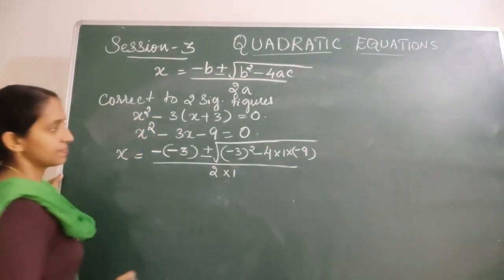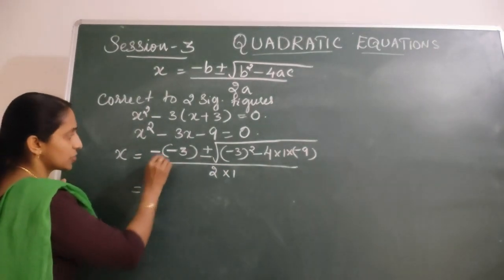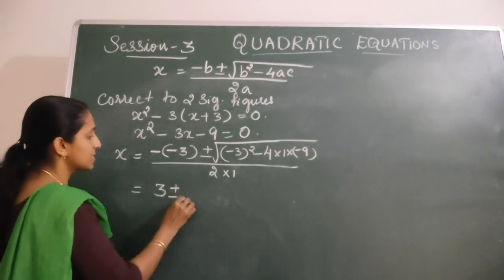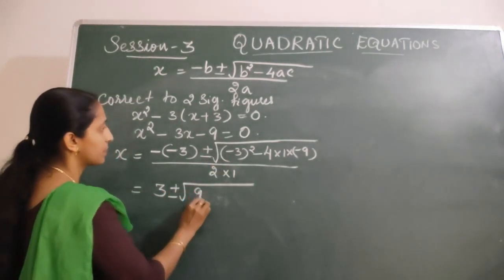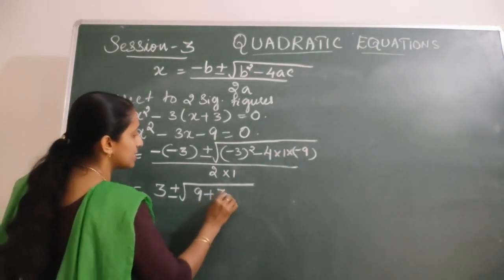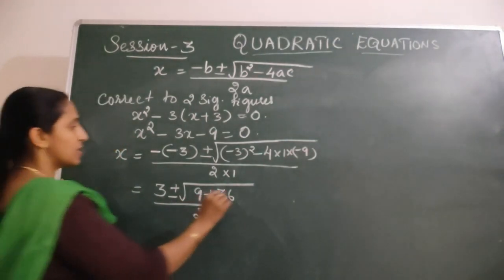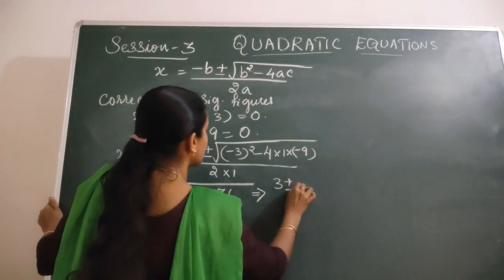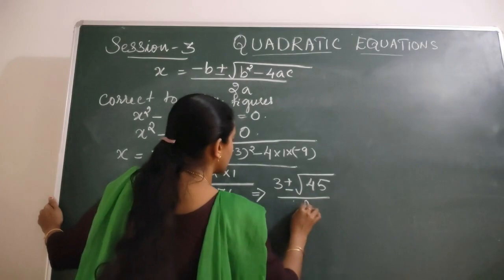A is 1. Then that is equal to minus of minus will be plus 3 plus or minus under root 9 plus 36 upon 2. That will be equal to 3 plus or minus under root 45 upon 2.